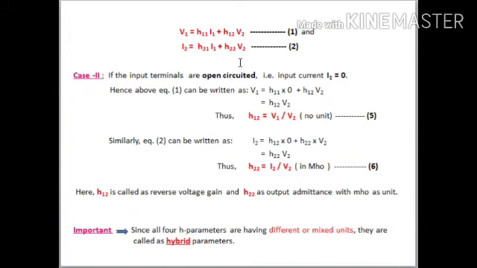I mean to say, one has the unit ohm, one has the unit mho, and the remaining 2 are unitless. That means all 4 parameters of the same 2-port network have 4 different, mixed units, and that's why they are called hybrid parameters.